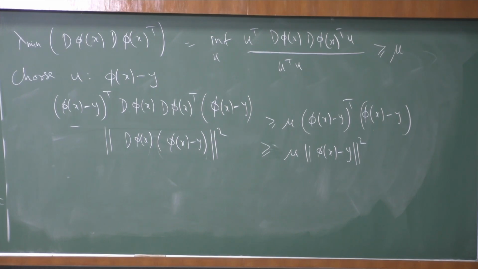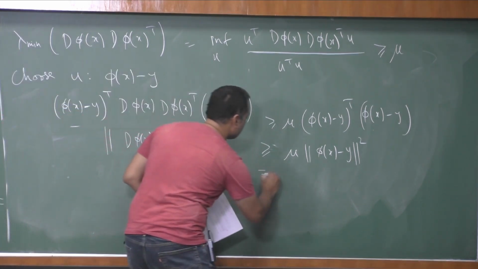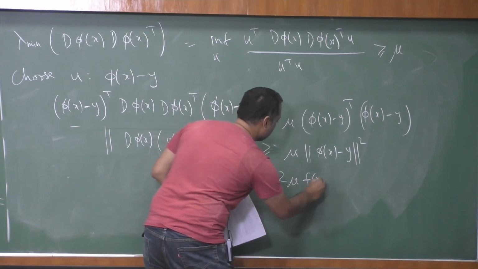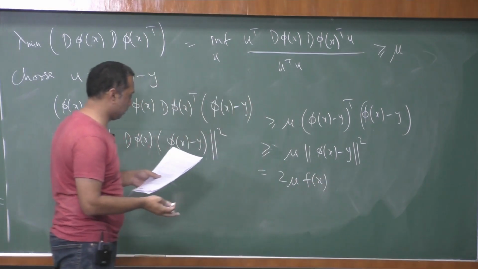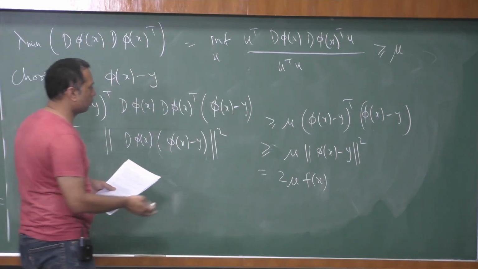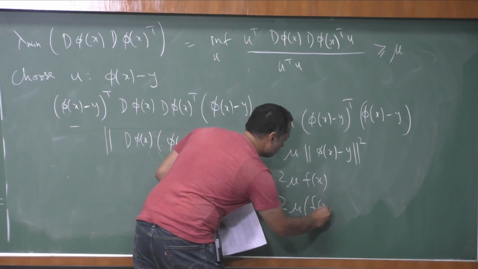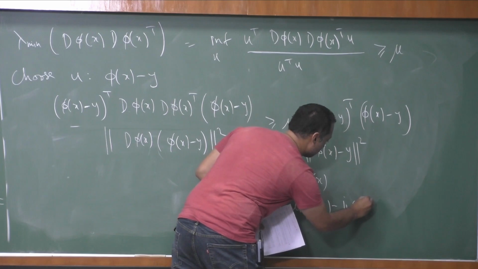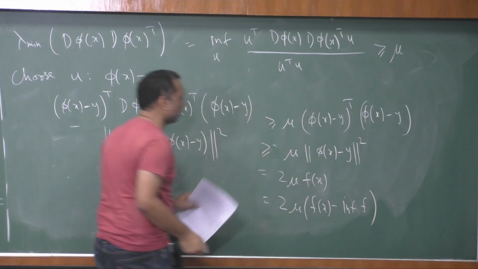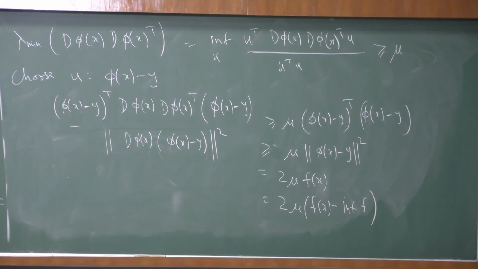So this is equal to 2 mu, and if I subtract the infimum, that is also fine. So this is still okay because I'm subtracting, so it's making things even lesser.